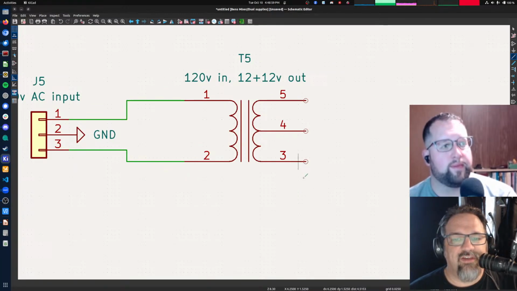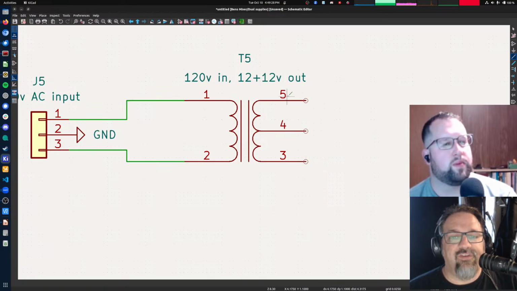The output of this is what's called a center tapped secondary. You can see that it's got the secondary coil here, but it has a tap in the middle of that coil. So between 3 and 4 will be one voltage, between 4 and 5 will be another voltage, and between 3 and 5 would be the sum of those two voltages.